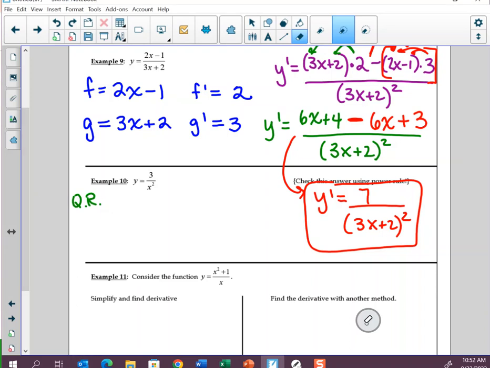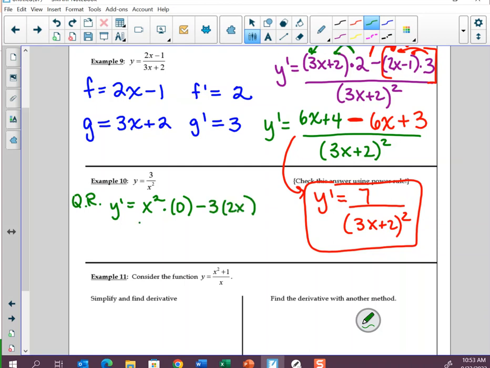All right, y prime. Y prime equals, start down low. So x squared times 0 minus 3 times 2x all over x squared squared.